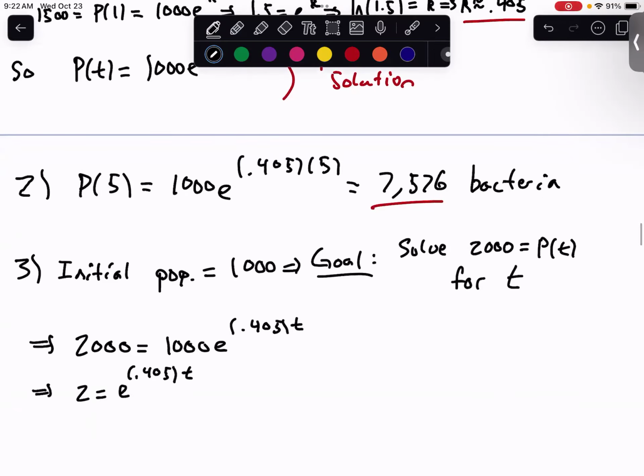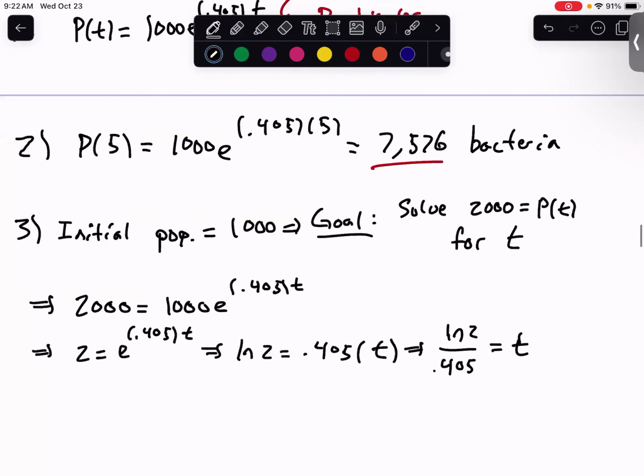And then you take the natural log of both sides to get rid of the e. So you have natural log of 2 is equal to 0.405 times t. And then you just divide both sides by 0.405 to get natural log of 2 over 0.405, and this is equal to what t is equal to.